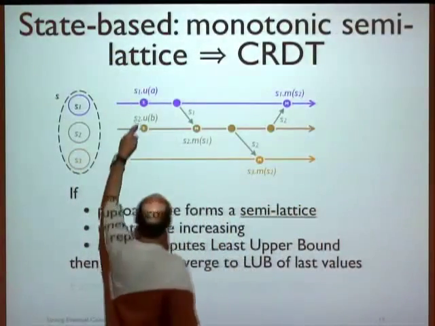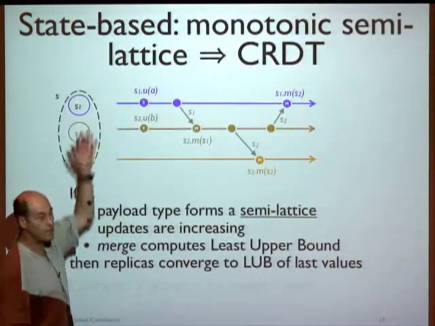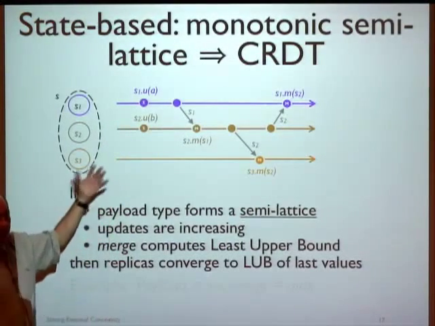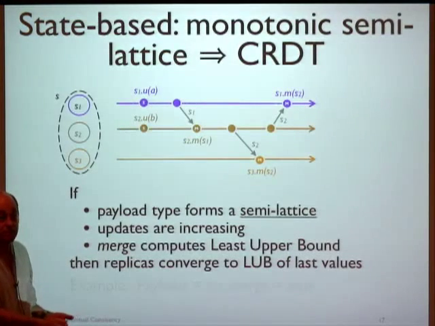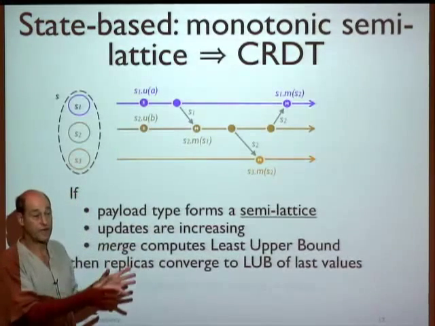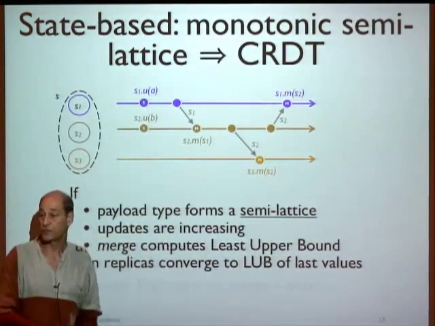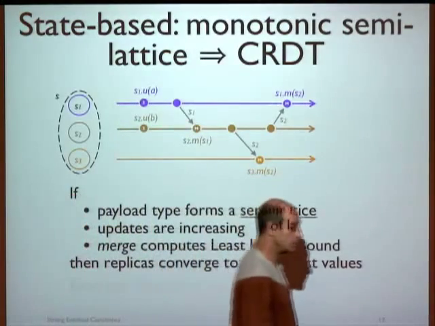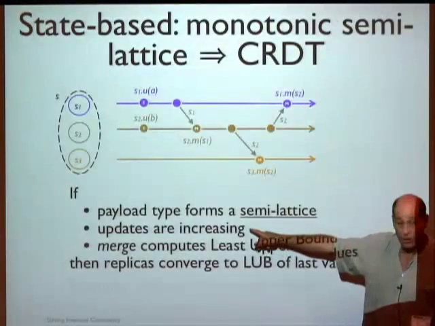I'll give you an example in a minute. But if you just think of, for instance, a payload that is just an integer, and your updates just increment the integer by any value, and your merge takes the max of two values, you can see very easily that this is going to converge. That's your typical semi-lattice. But if you decrement, that's not a semi-lattice. So if you decrement, you have to make sure that your decrement still goes forward in your partial order.